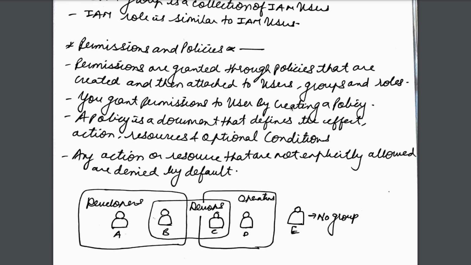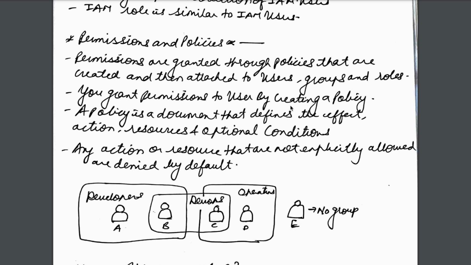Now let us understand permissions and policies. So permissions are granted through policies that are created and then attached to users, groups and roles. You can grant permission by creating a policy. Now, again coming back to policy, what is a policy? A policy is a document that defines the action, the effect and the resource which you can apply on a specific user or user groups, and the conditions that you can apply over a specific thing.